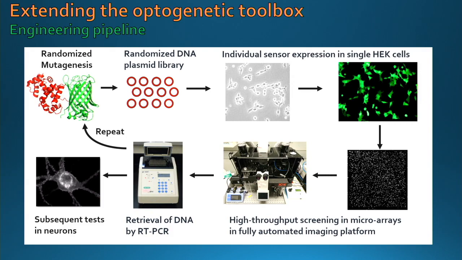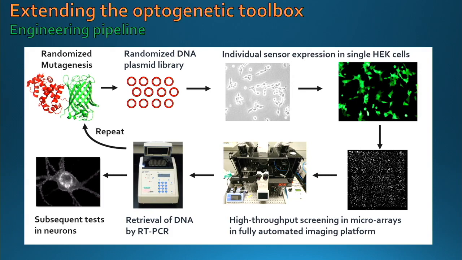The key step now is to separate these libraries and to test these variants individually. And we found a way to express these sensor variants in a mammalian host system in such a way that each of these host cells, HEK cells to be specific, expresses only one sensor variant.